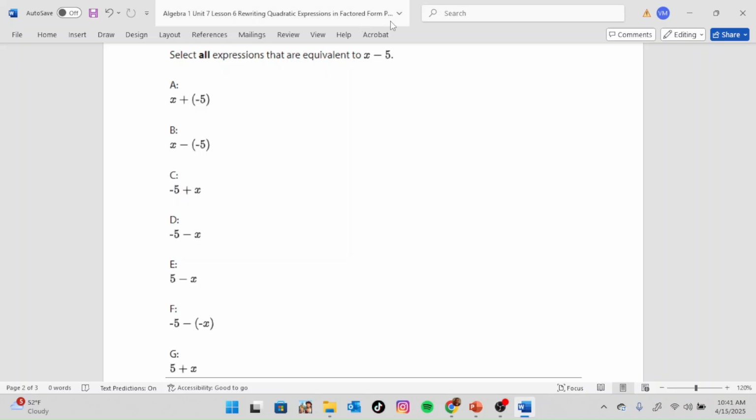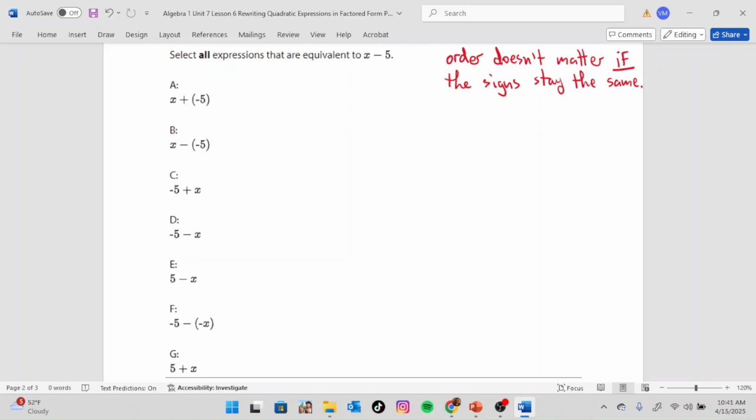So I want to put a note here that says order doesn't matter if the signs stay the same, because we're going to see this a lot moving forward.